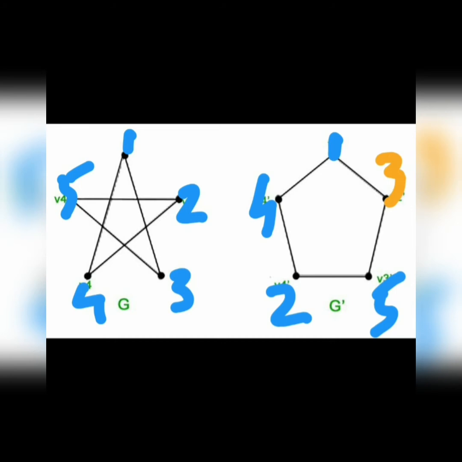Similarly, if any pair u, v is an edge of G, then correspondingly f of u and f of v must be an edge in G dash. If these conditions are satisfied for all the edges, then we say that these two graphs are isomorphic.